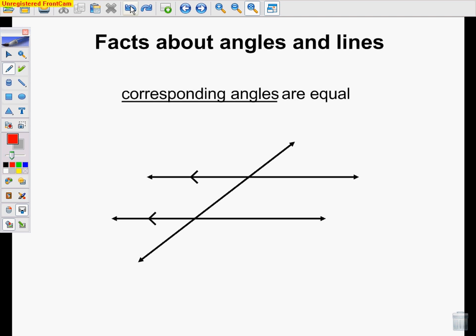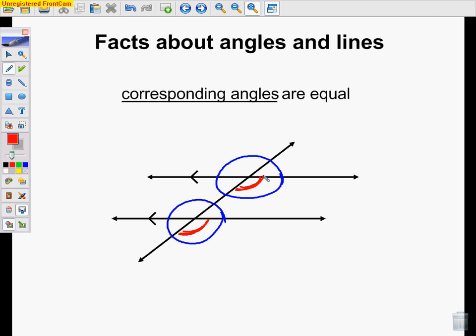Like, for example, this angle is corresponding with this angle, because those are located in the same position in their region. Like, by region, I mean in this set of angles and this set of angles. Notice that our corresponding angles, this one here and here, they're both located in the lower right.